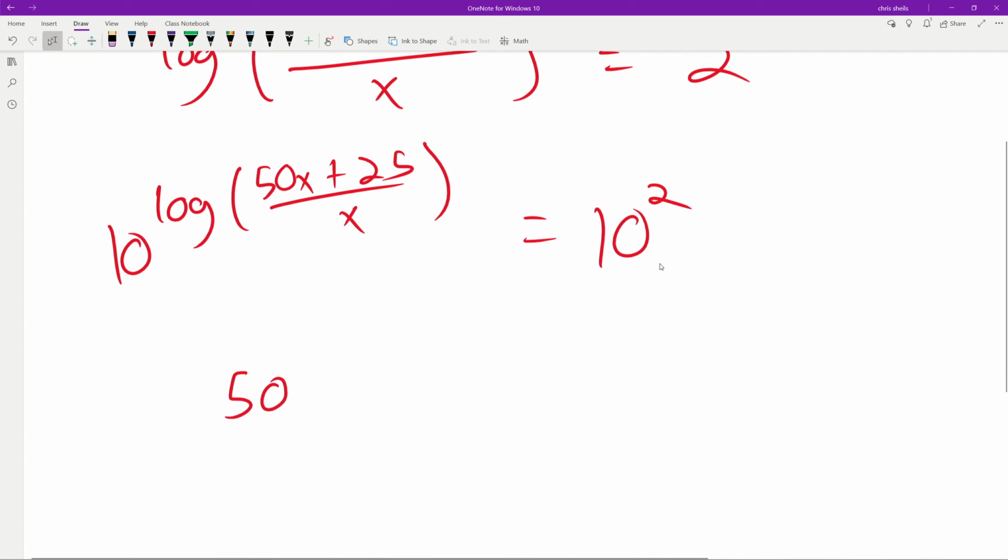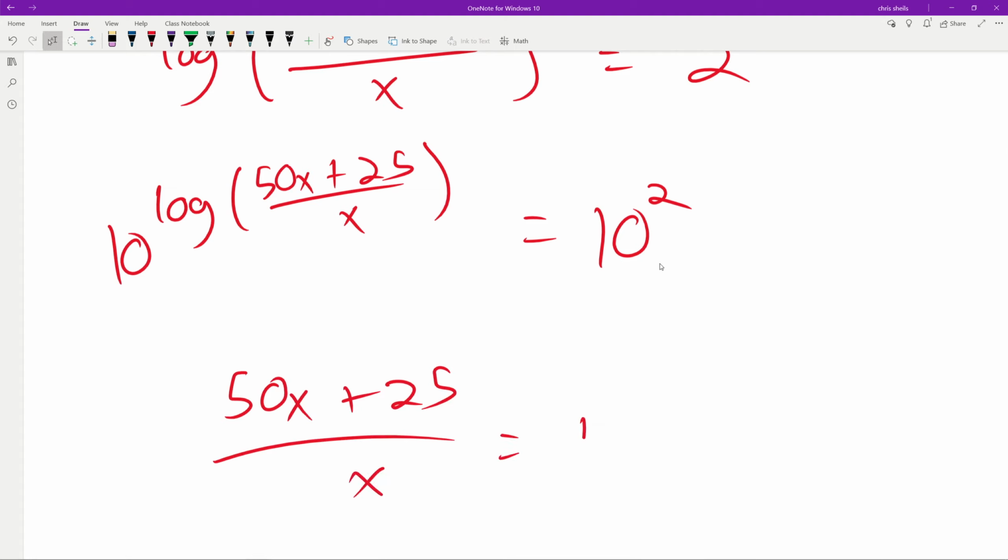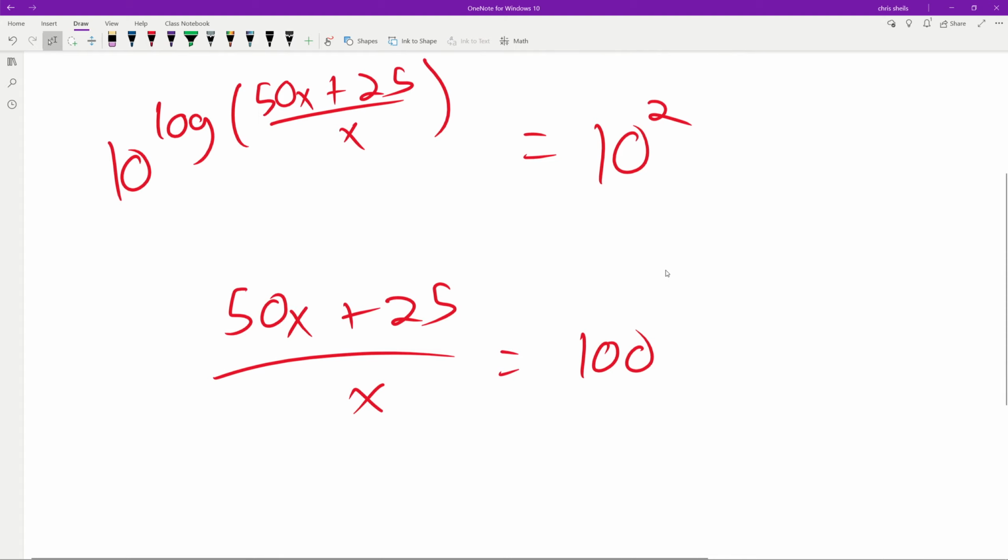So I get (50x plus 25) over x is equal to 100. If I multiply both sides by x, I get 50x plus 25 equals 100x.